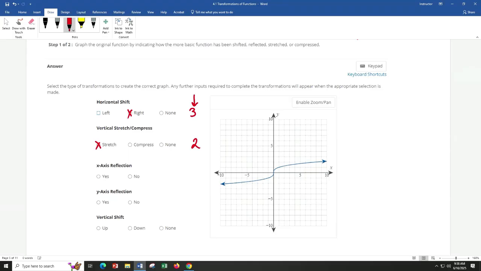Now let's look at that negative. Do we have an x-axis reflection or a y-axis reflection? Let me go back up here, I went off where you can't see the function.